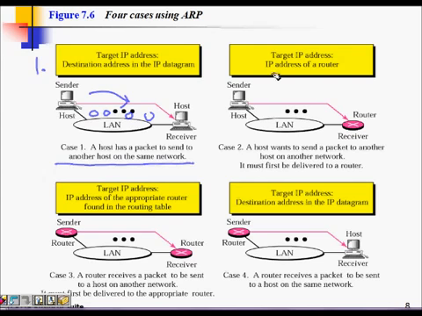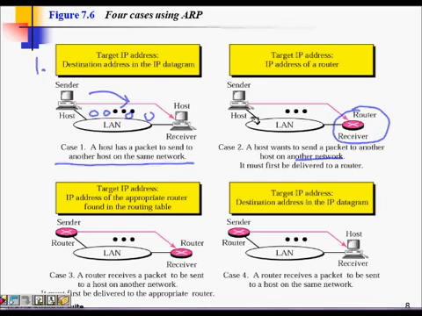Next one is, a host wants to send a packet to some other network. If you are sending to another network, it must pass through the gateway router, and to send it to the gateway router I also need to know the MAC address of that particular router, of the port to which I am connected.